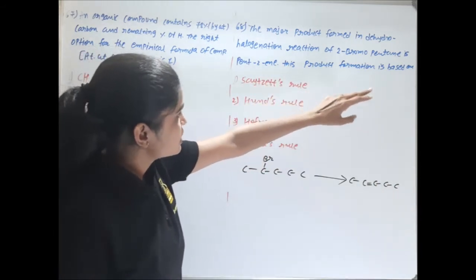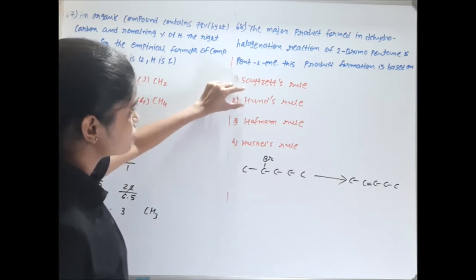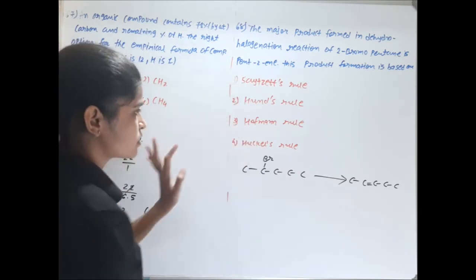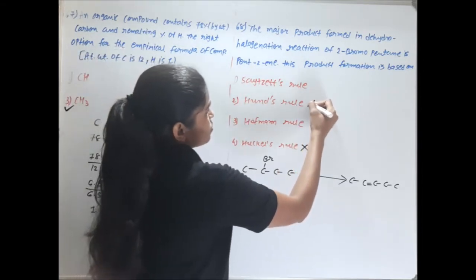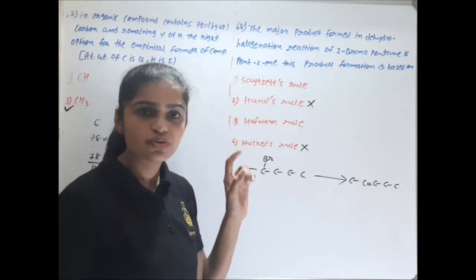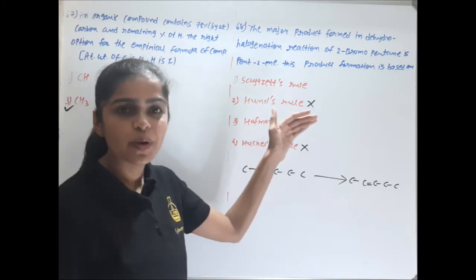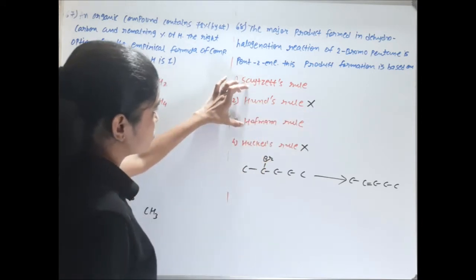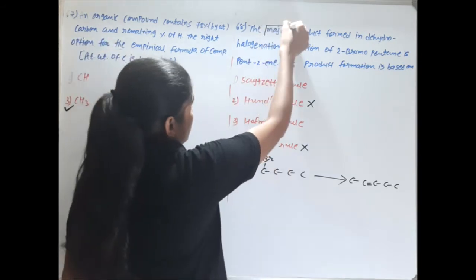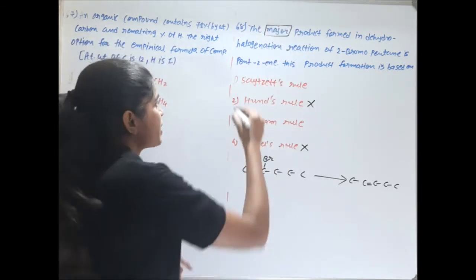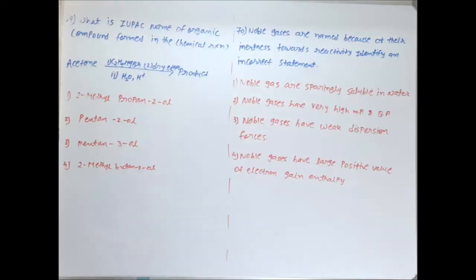This product formation is based on the Saytzeff rule, Hund's rule, Hofmann rule, or Huckel's rule. Huckel's rule is for aromaticity, and Hund's rule concerns electrons occupying orbitals, like 1s2, 2s2. So consider only the Saytzeff rule and the Hofmann rule. The major product is always given by the Saytzeff rule.